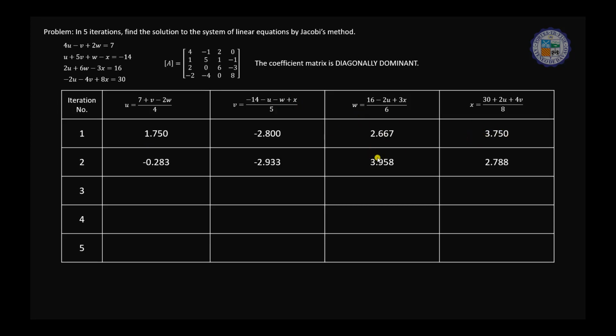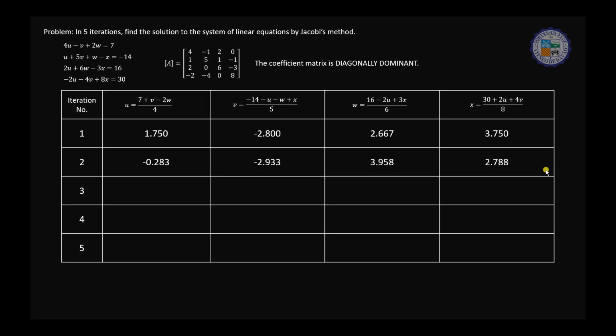Then for w, we also obtained that from this equation, with u equal to 1.75 and x equal to 3.75, and same goes with x. We get the value 2.788 when we set u equal to 1.75 and v equal to negative 2.8. So we do not immediately use the latest available value of the unknown variables.